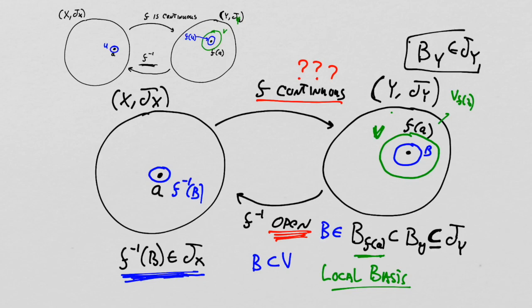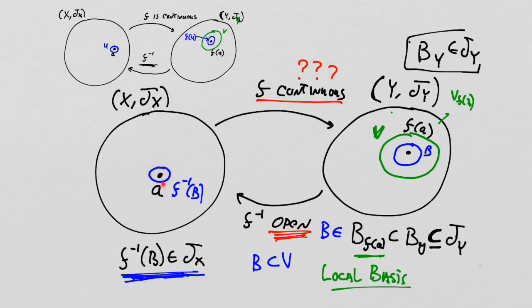But wait a minute, we're done, right? Because now I've found an open neighborhood of A such that its image under F is a subset of an arbitrary open set V. Guaranteed.